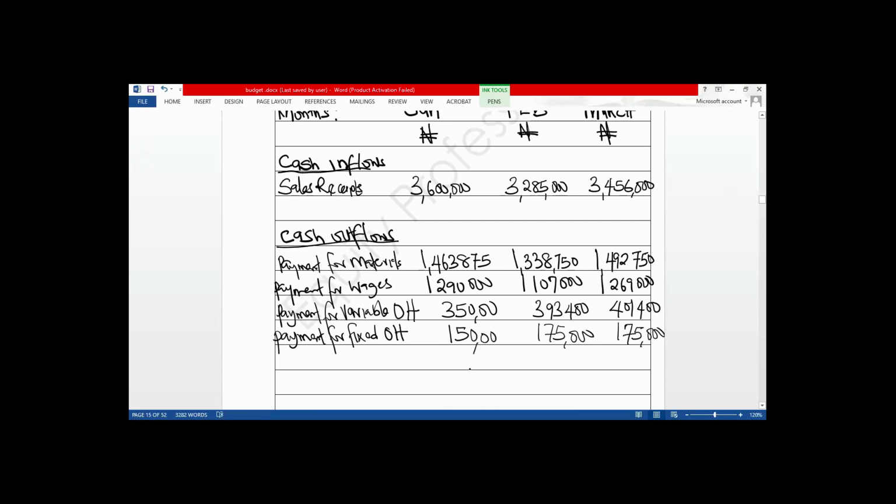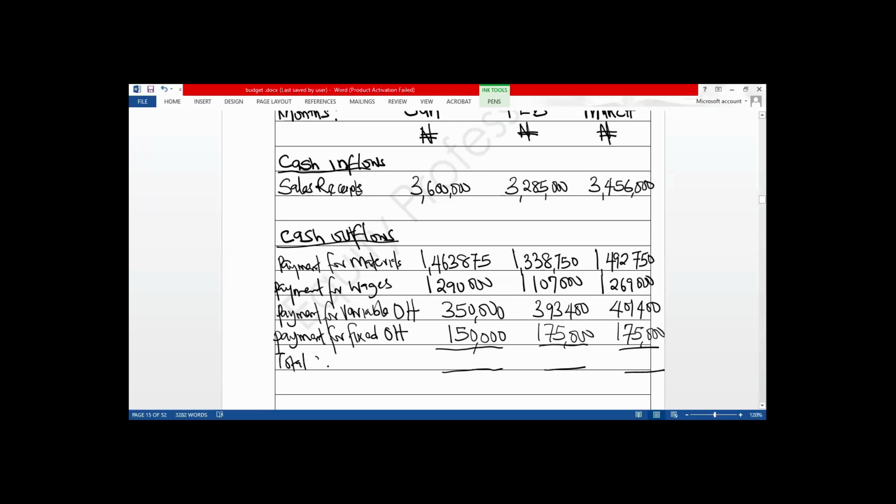List all your cash outflows. Now sum up to get your total cash outflow for January and February. You are going to sum from here, material to fixed overhead.